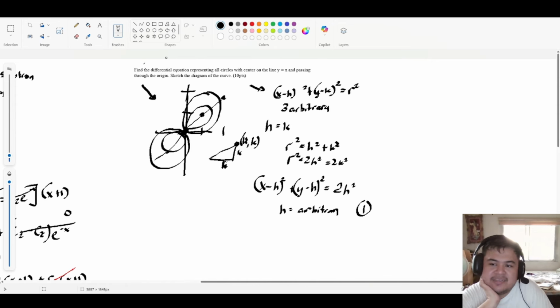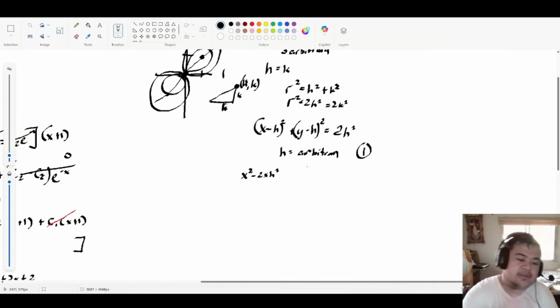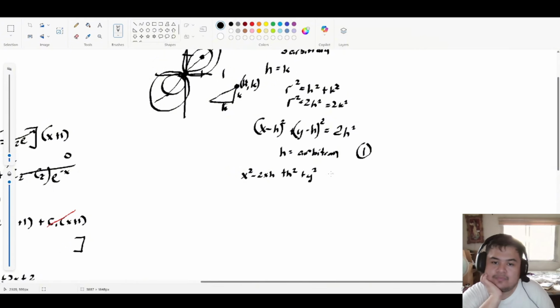Just like elimination of arbitrary constant, if we want to get the differential equation of our solution, we just have to differentiate it one time. So what I'm going to do is expand first. In this case, we can cancel out the h squared on both sides.